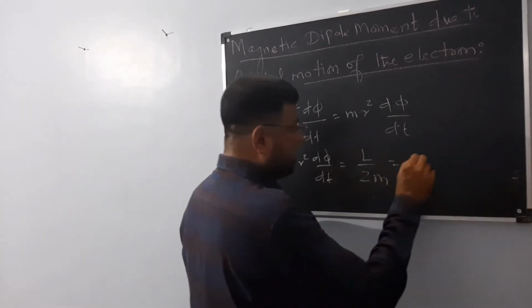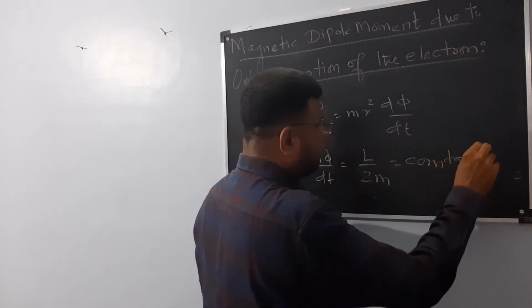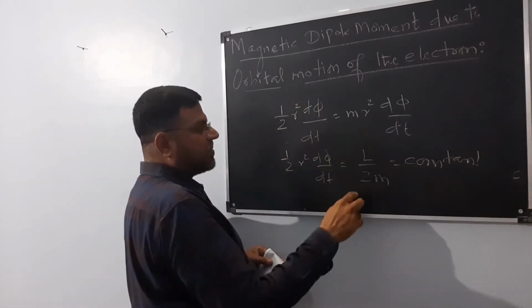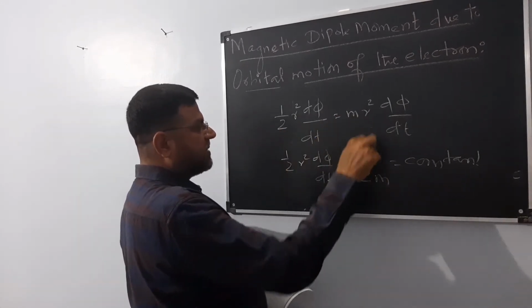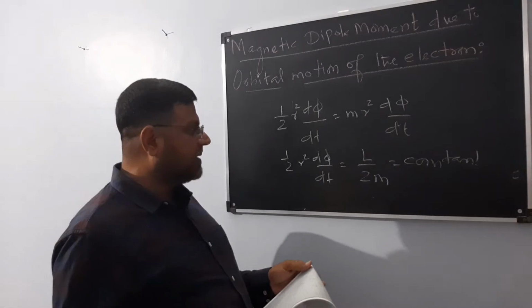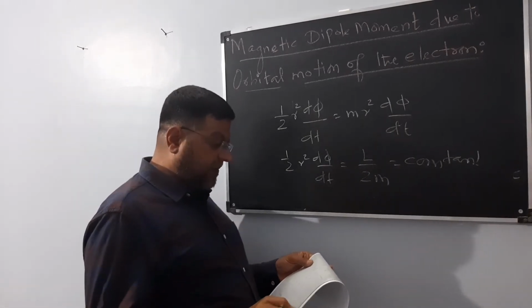That is nothing but a constant, because this is 1 by 2 times m. If you put it here, this m will cancel, and again you will get this one. So I am writing L by 2m.